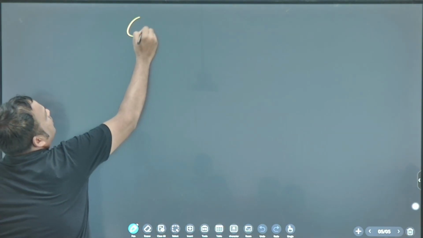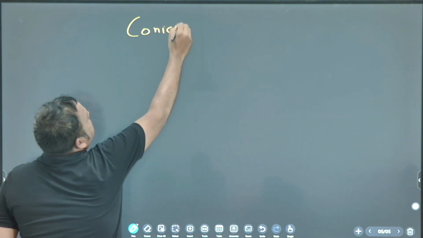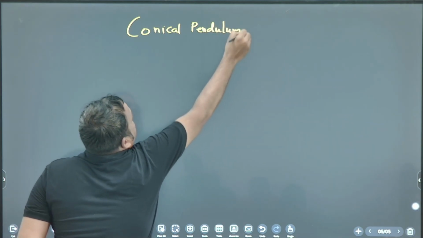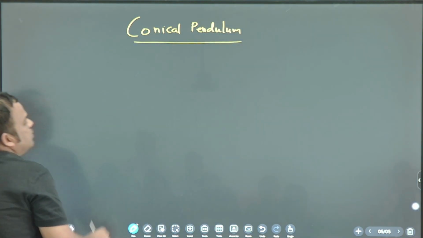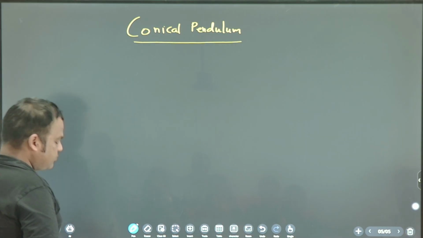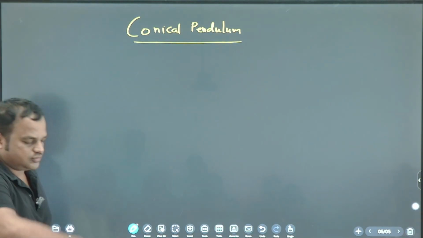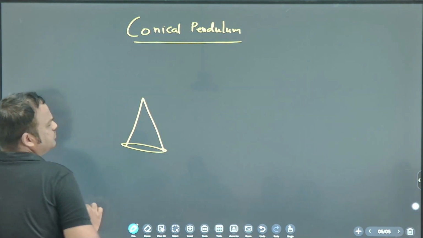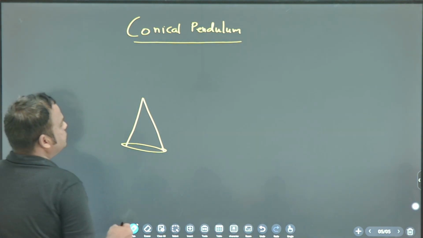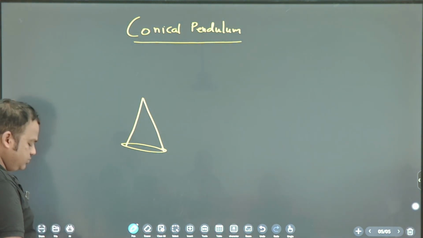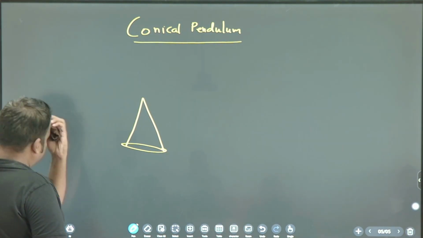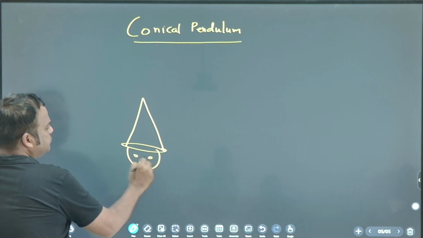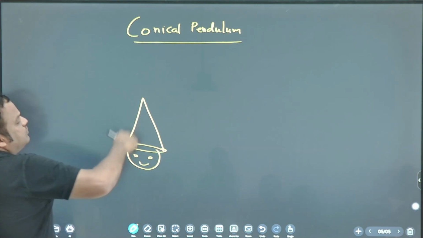conical pendulum, note down, conical pendulum. It will make a cone, okay? Cone, you know that a birthday cap is there, the birthday cap is a cone.